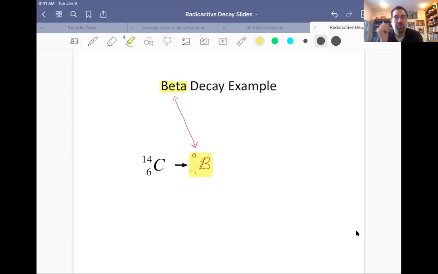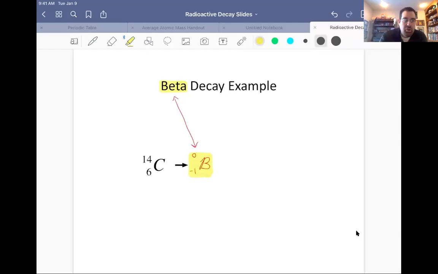Carbon-14 is radioactive. We saw from our atom builder lesson on Wednesday that it's unstable, and it gives off this beta particle. How do I know? Because the question will tell me that it's a beta decay.